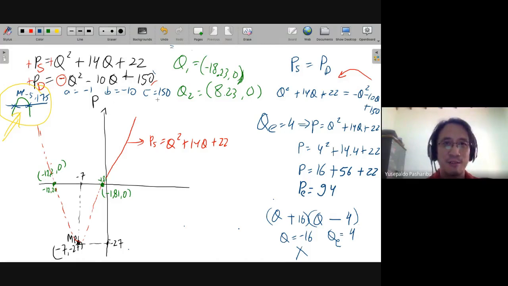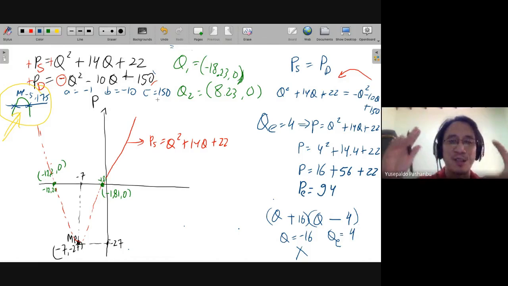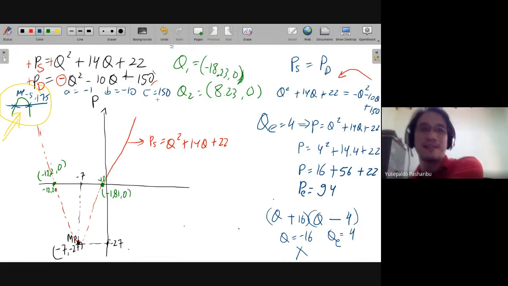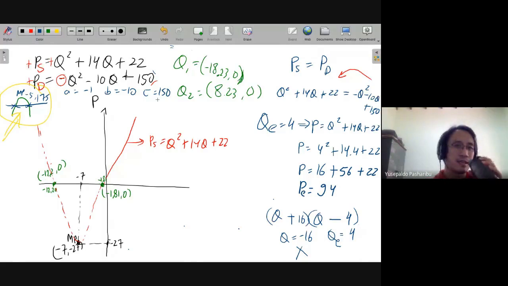Don't be confused, yeah. I want to draw the next function, the next graph, in the same graphic with additional information.